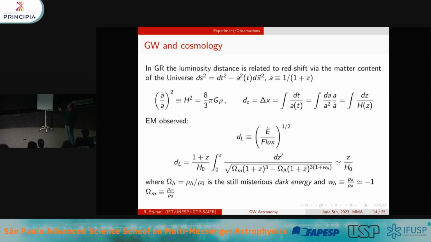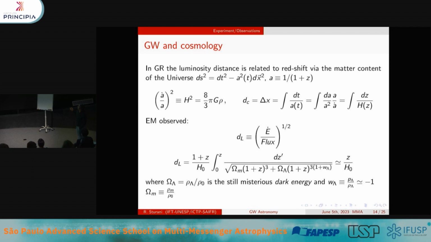So the distance of an object: whatever we see from an object is carried by light or gravitational waves, which move at the speed of light. If you set ds to 0 and try to get the coordinate distance to this object, you can trace it to the time that the photon has spent traveling. You see, delta t squared is equal to a squared delta x squared, then delta x is equal to delta t over a.